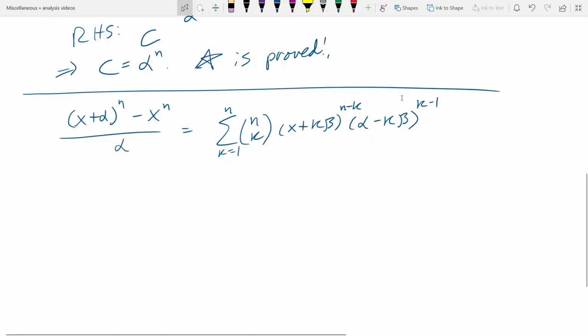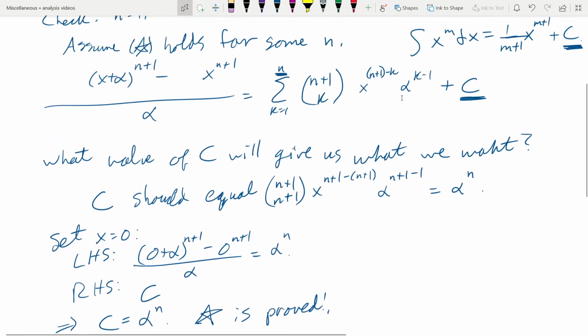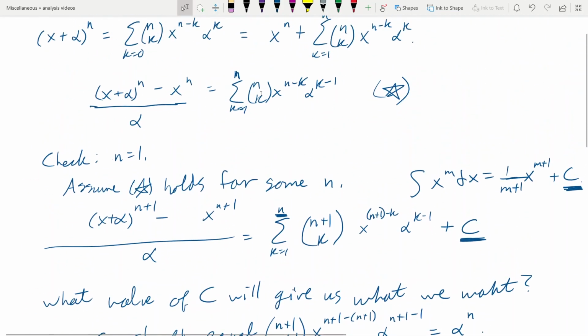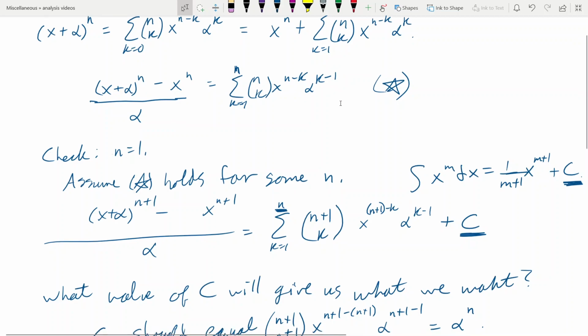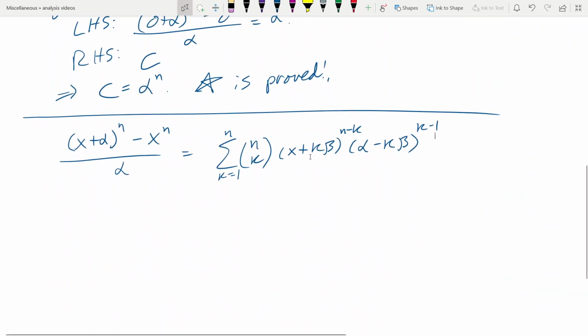So you'll notice it very closely resembles the original binomial theorem, star, in that I have a sum from 1 to n of n choose k times something to the n minus k and another thing to the k minus 1. However, in the original binomial theorem, the base is independent of k, whereas here we're actually incrementing or decrementing.